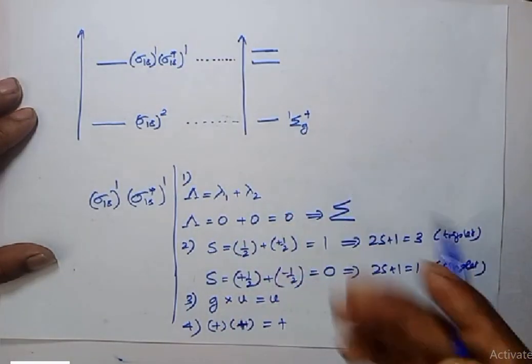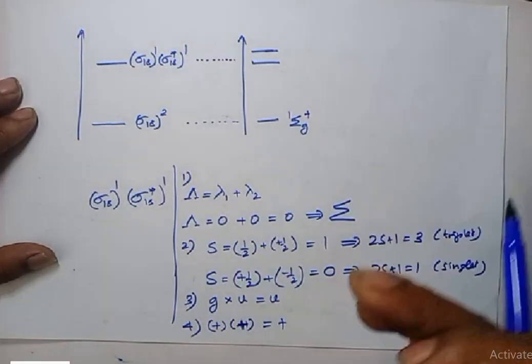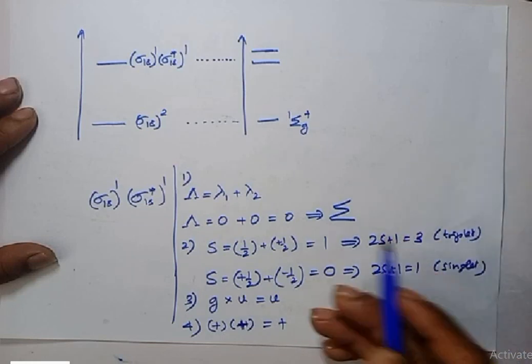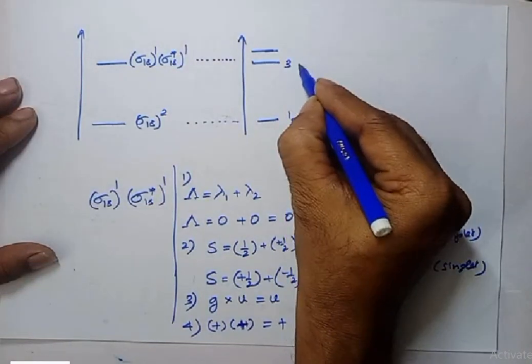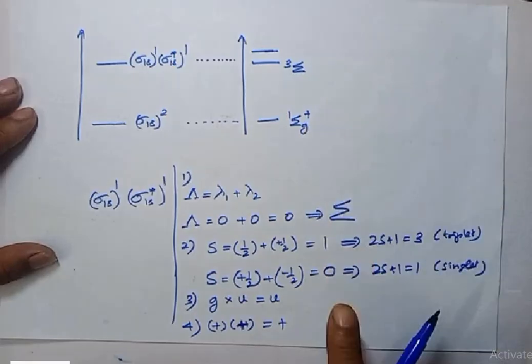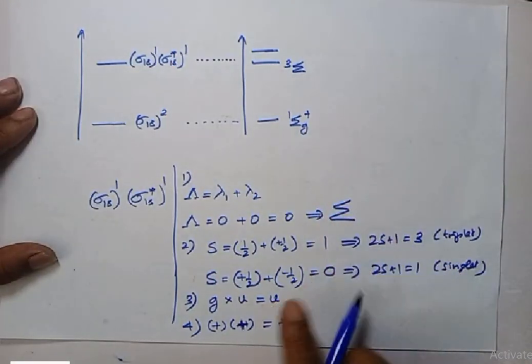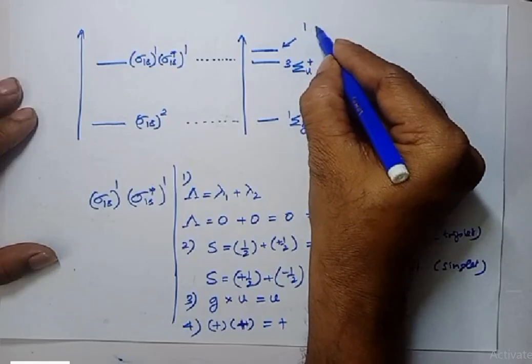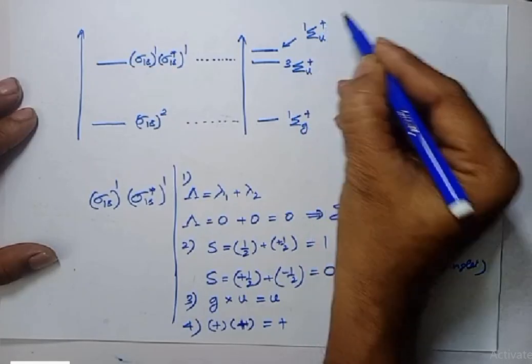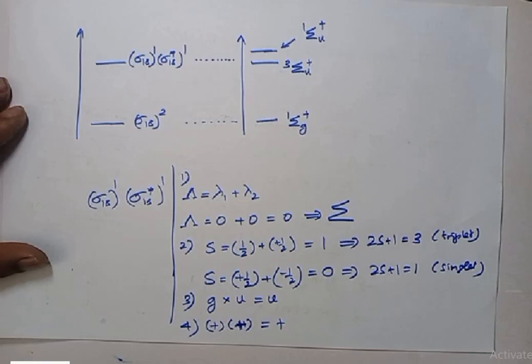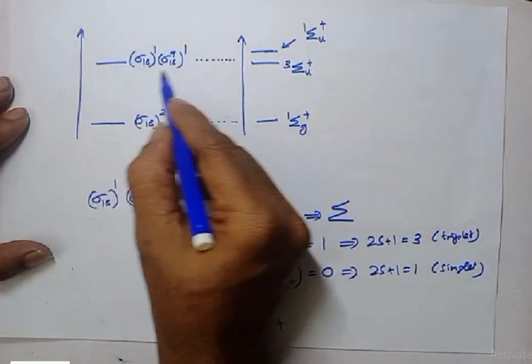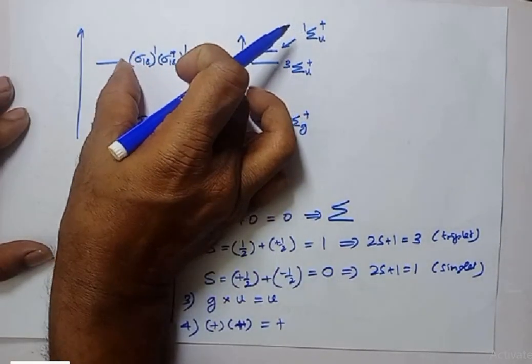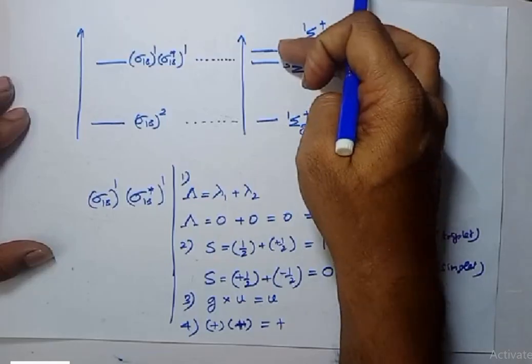And you know very well, according to Hund's rule, the triplet state has lower energy compared to the singlet state. So let me write here: this is triplet sigma ungerade plus, and this state is singlet sigma ungerade plus. So for this first excited state configuration, two electronic states are possible.